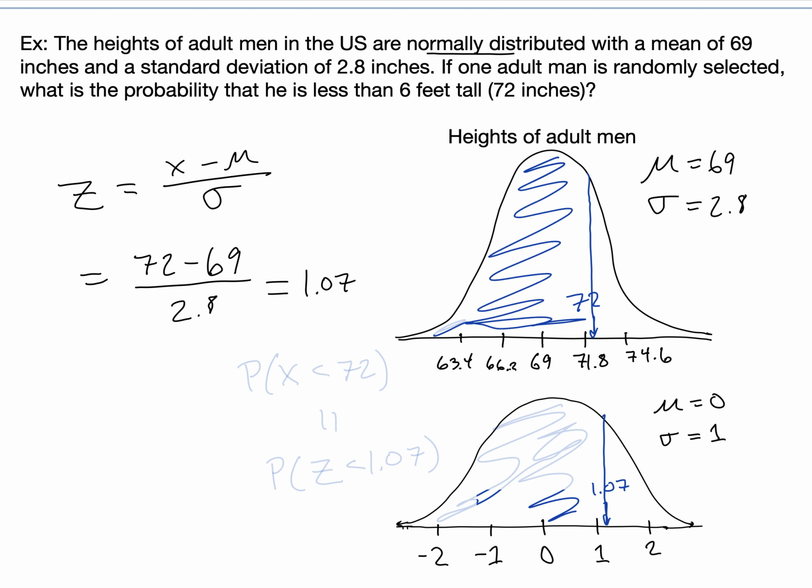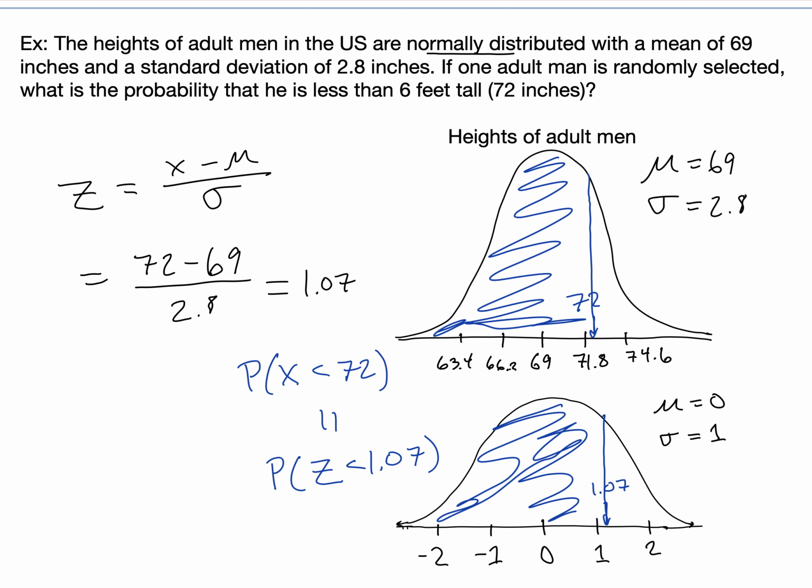So in other words, the probability here and the probability here are equal. The probability that x is less than 72 in this distribution is equal to the probability that z is less than 1.07 in the standard normal distribution.